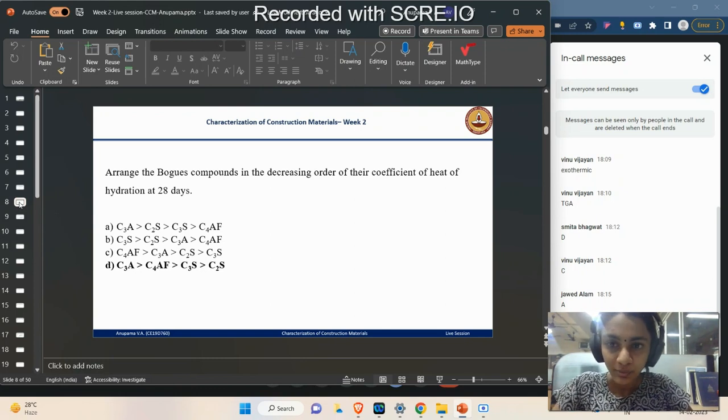Arrange the Bogue compounds. The Bogue compounds are C3S, C2S, C3A, and C4AF. Arrange these Bogue compounds in the decreasing order of their coefficient of heat of hydration at 28 days. Read the question carefully. What I'm asking about is the coefficient of heat of hydration at 28 days.